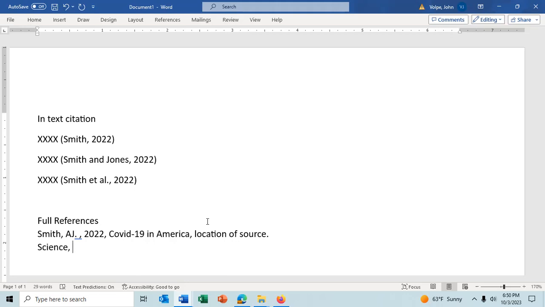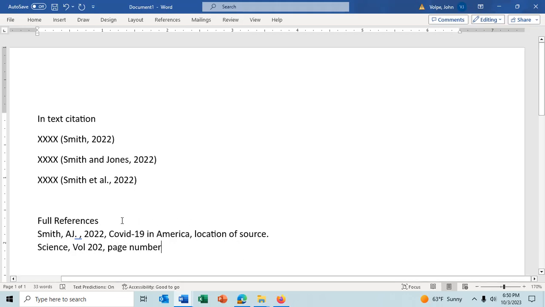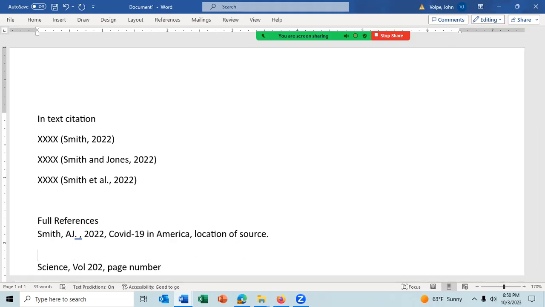And then you give the journal volume number, and then the page number. So that's the source of a journal.